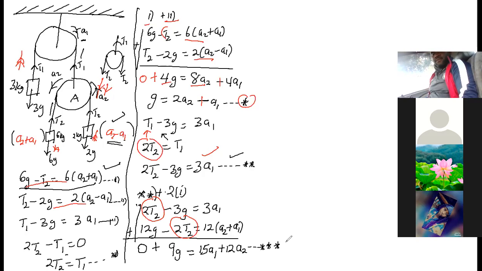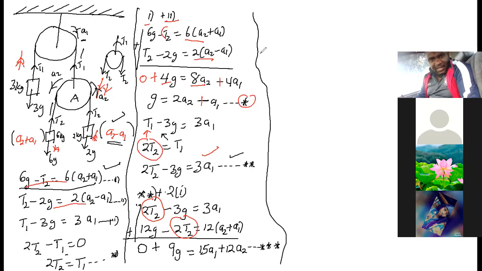It's okay even if we do one number for the whole lesson, no problem, as long as people have got how to solve very well. Now, when I divide by 3, I'll get 3G is equal to 5A1 plus 4A2.